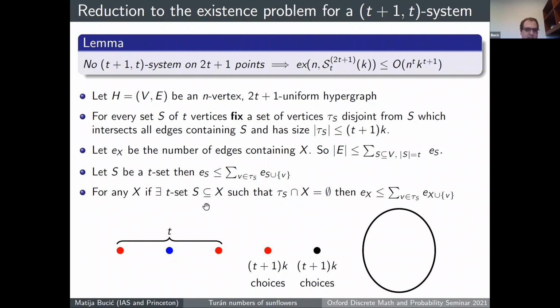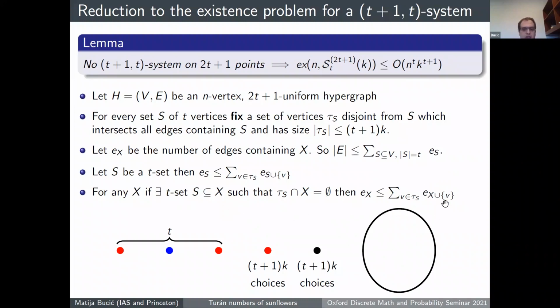So unfortunately, this is not always going to happen. There might be some sets X in which we get stuck, in the sense there is no t element subset which allows us to repeat this argument. But what we'll do in that case is we're just going to say, okay, tough luck. We're out of luck for this summand, say X union V, which did not have a proper t element subset which allows us to continue.